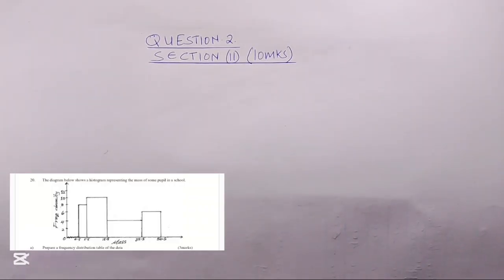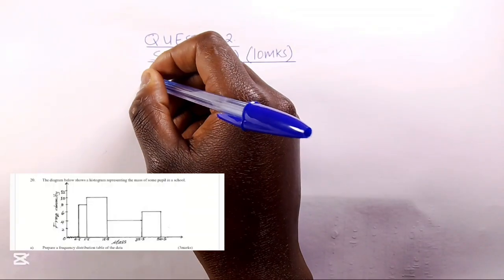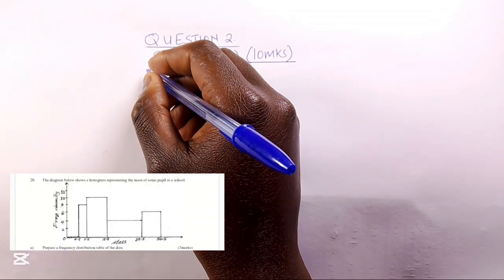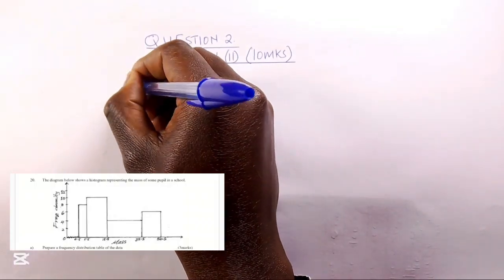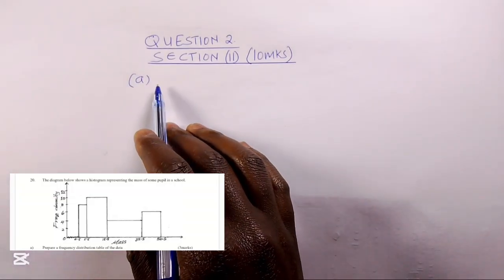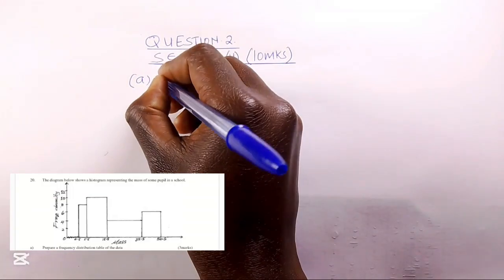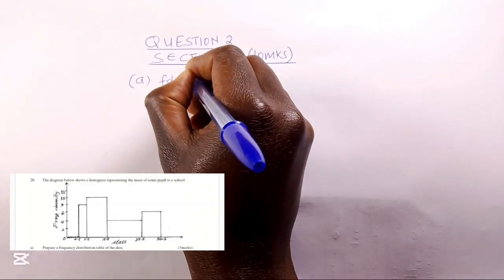So whatever we are going to do in this particular part, we are going to come up with a frequency distribution table. In this frequency distribution table, part A, we will use the first bar. The first bar, if you check clearly, the frequency density is equal to 8.